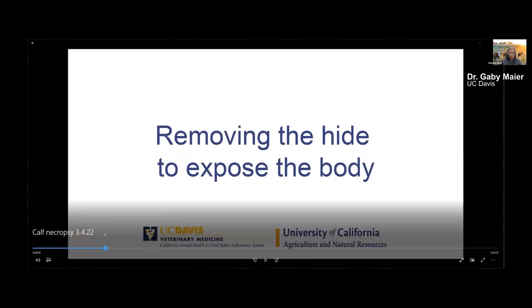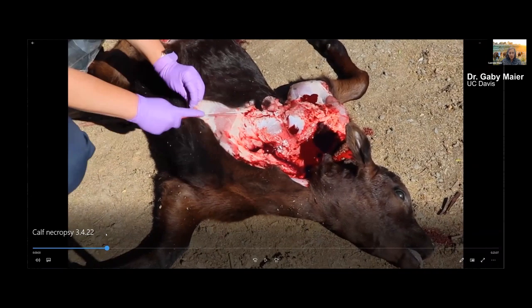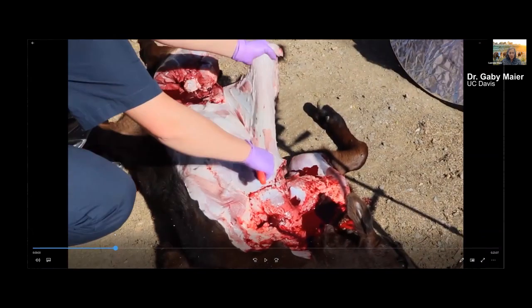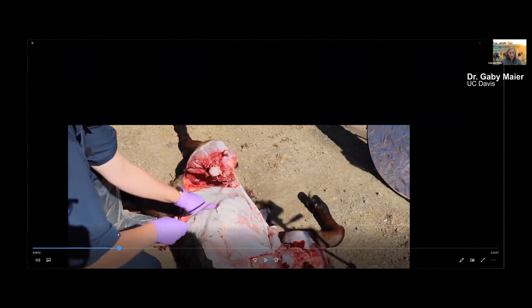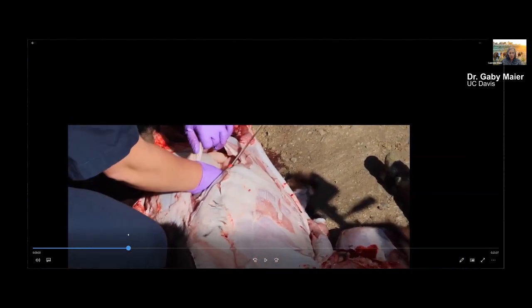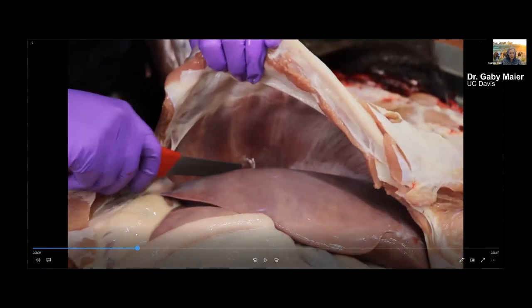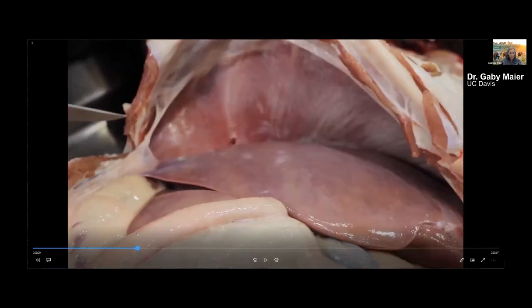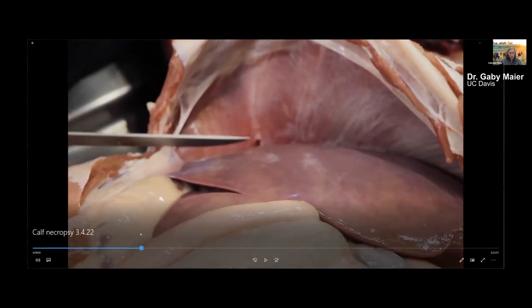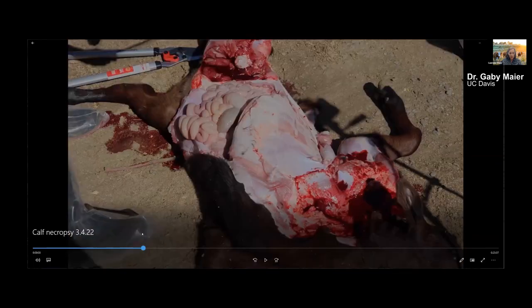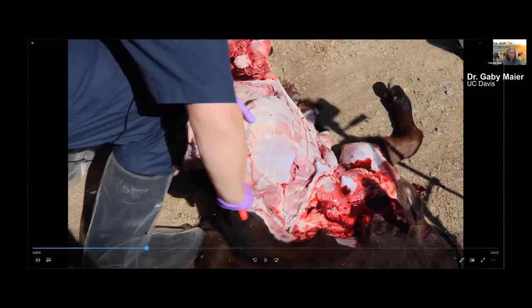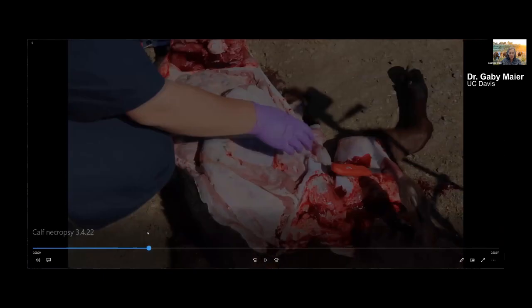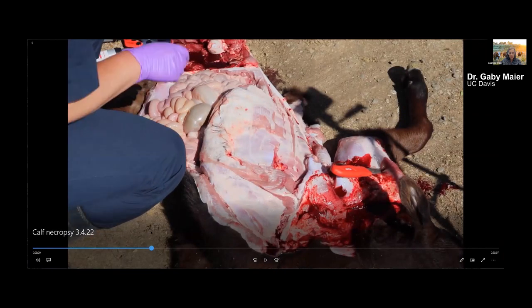so with reflecting both limbs, the skin is then being reflected. The abdomen is opened. The diaphragm is punctured. And now we're opening the rib cage. And this is where you're going to need those garden shears.